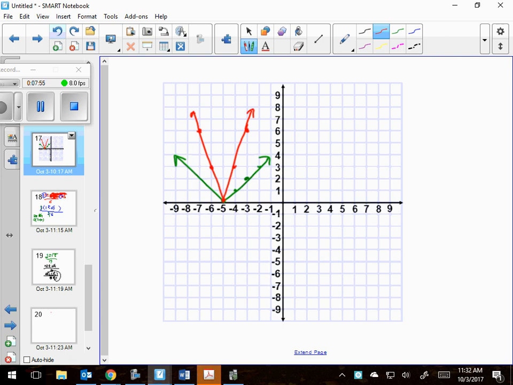If you figured out what I just did, give me the equation for the red one. Not the green one. We already had that equation. What's the equation for the red one?